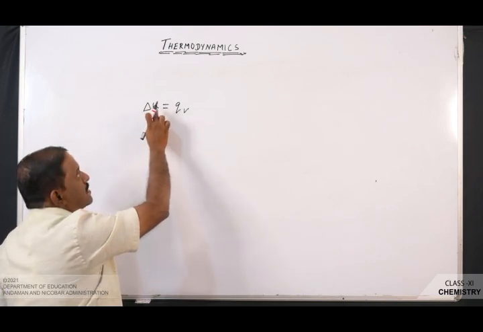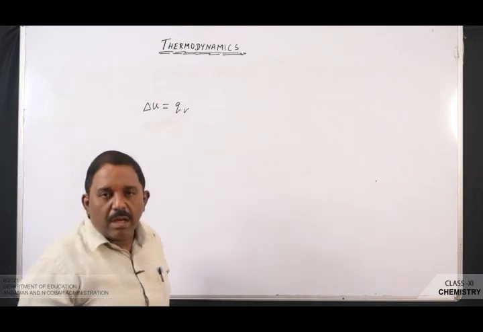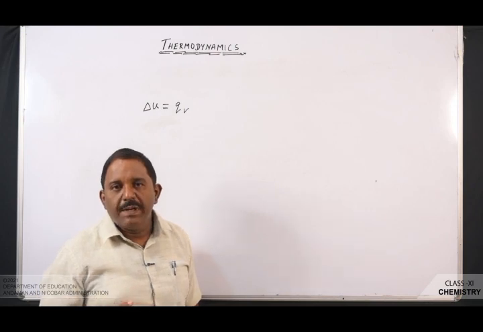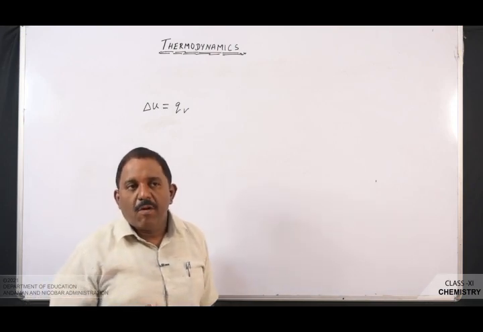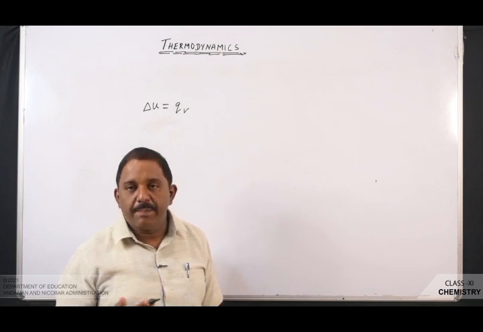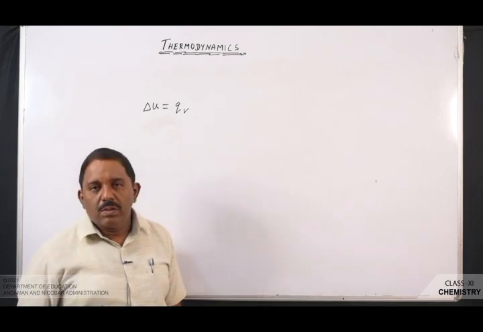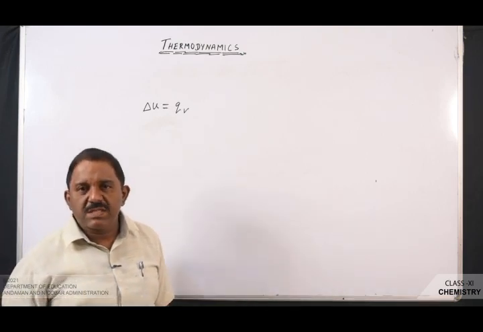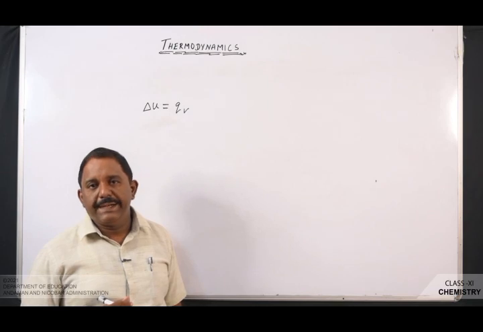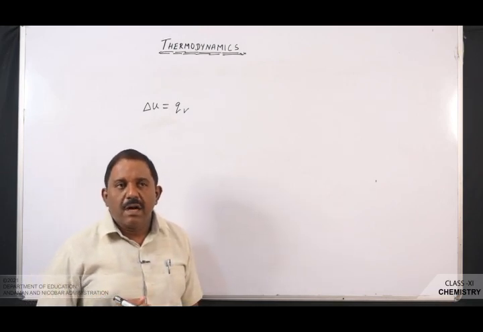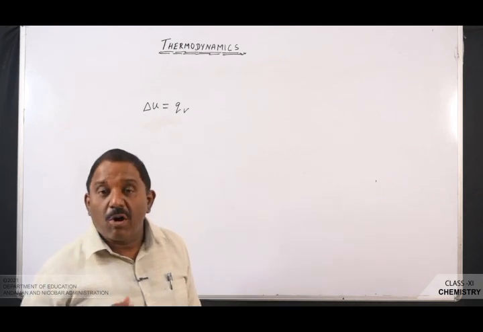We know that most reactions are carried out in an open system, that is in an open tube or open container, where the changes in volume take place and the pressure, that is the atmospheric pressure, is kept constant. So, the energy change may not be equal to the internal energy. So, we have to derive a relation for a system at constant pressure.